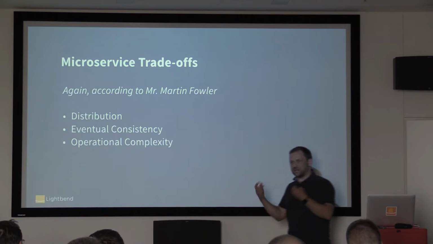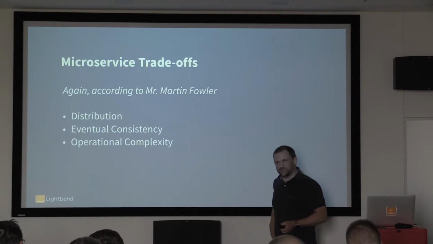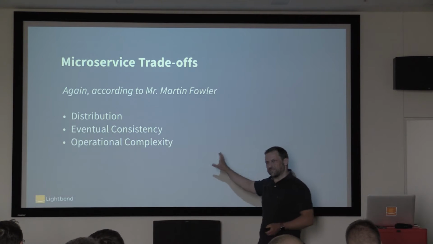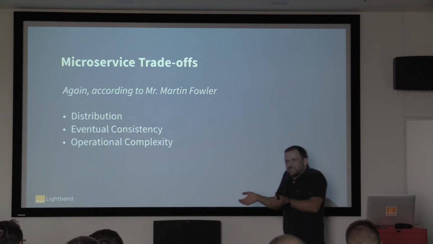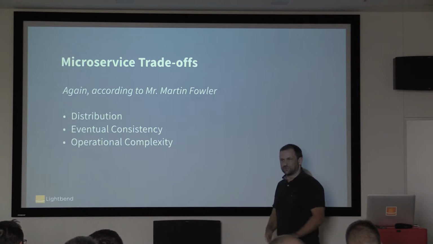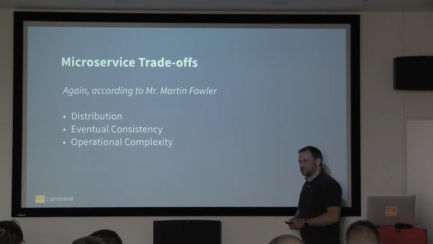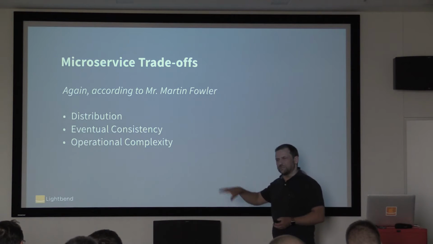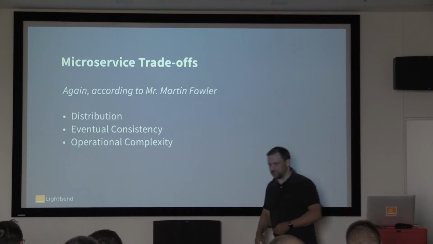You will not have traditional ACID-style consistency across services, so you're going to have to deal with eventual consistency. And now, rather than having one big application server to deploy, you have tens of services, and bigger companies have hundreds, to deploy on a huge number of nodes possibly. So the operational complexity also increases.